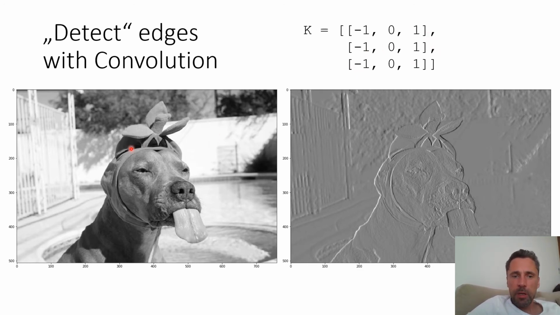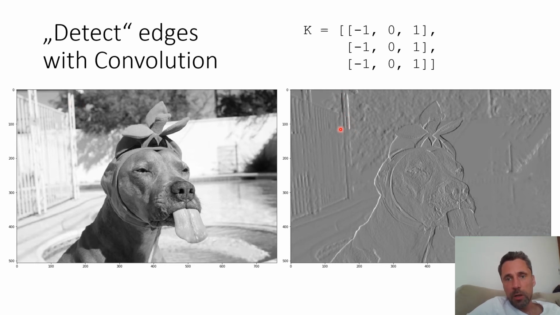And this can be applied to an input image and results in an image that now ranges not only between 0 and 255, but may have negative values. For example, look at this corner, or this edge here. This is an image brightness change from dark to white.